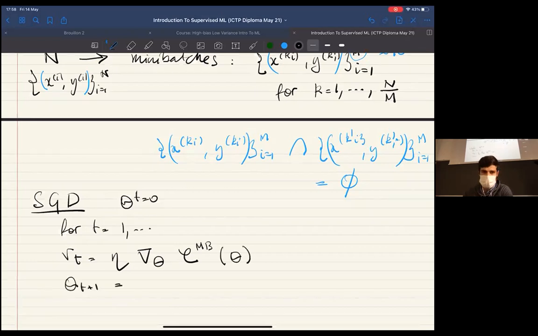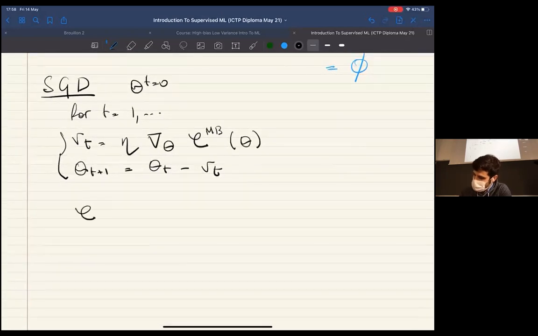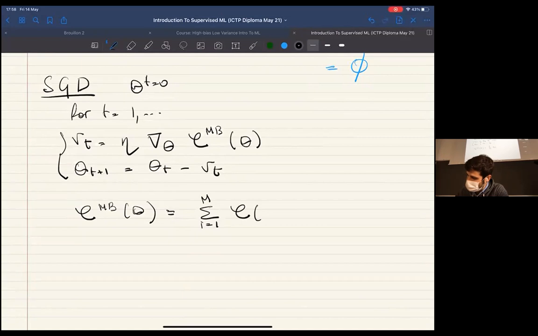What does it mean? The cost mini batch concretely is a sum for all pairs i equal 1 to M of the costs evaluated on the points y_ki, and this is your estimator evaluated on x_ki.